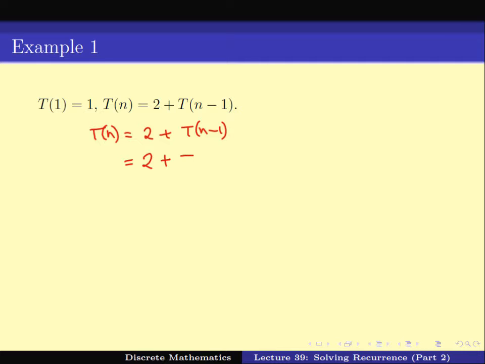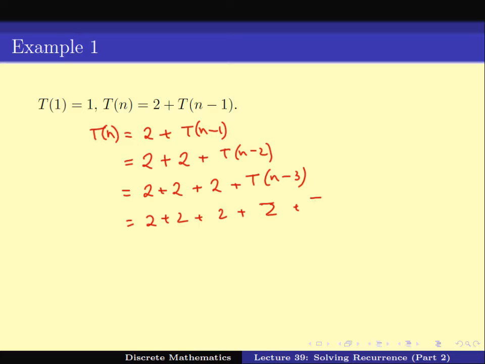So tn minus 1 is 2 plus tn minus 2. Okay, let's write it down once again: 3 plus tn minus 3. Let's write it down once again: 4 plus tn minus 4.